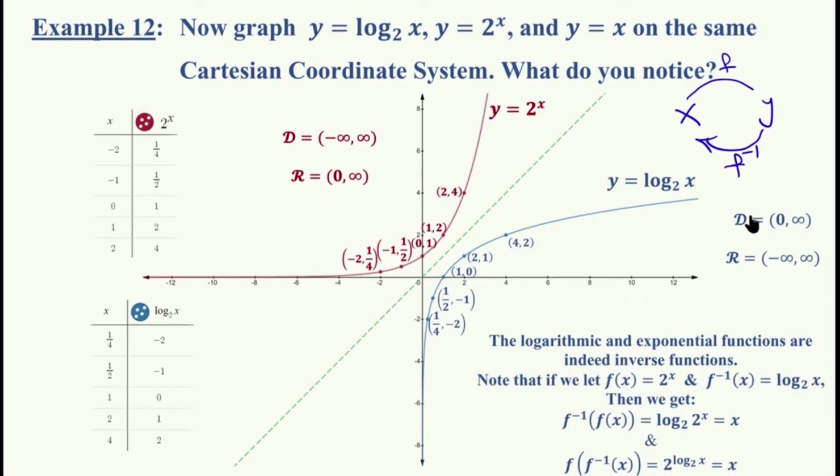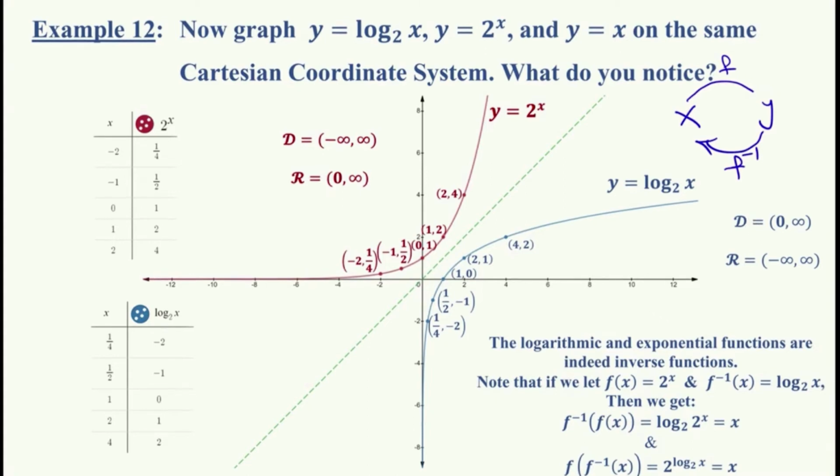So if I were to add one line here for you in writing, so you have f inverse of f of x is going to be f inverse of, notice what f of x is, it's 2 to the x.